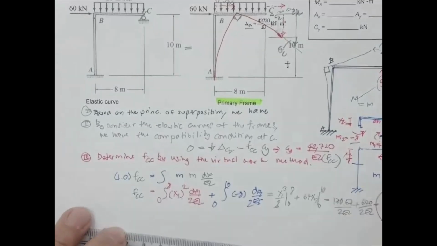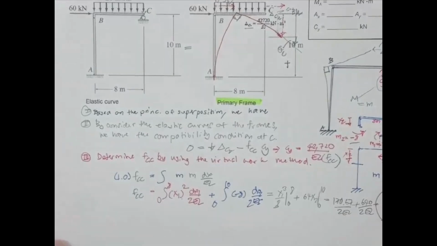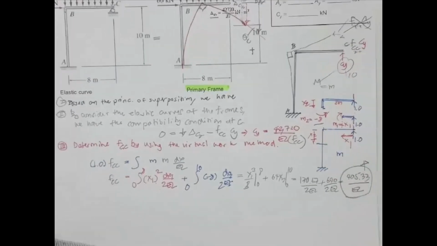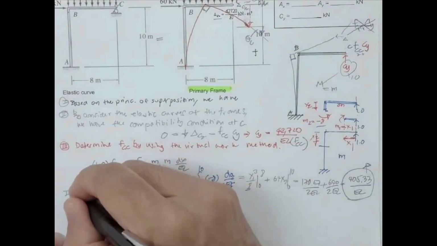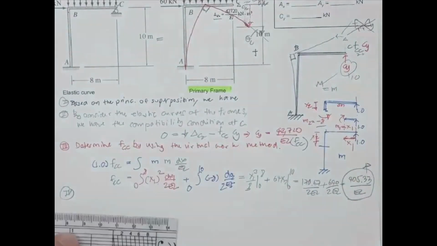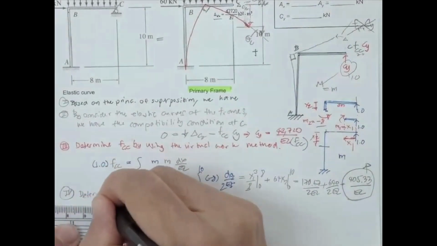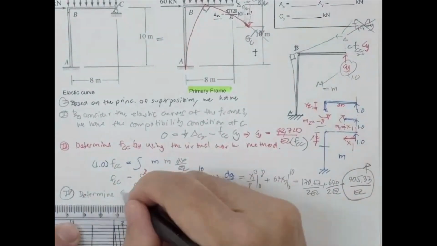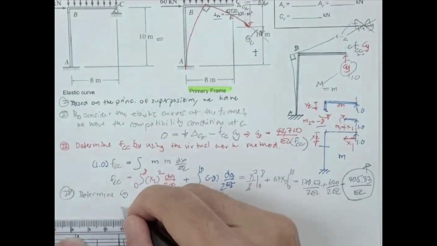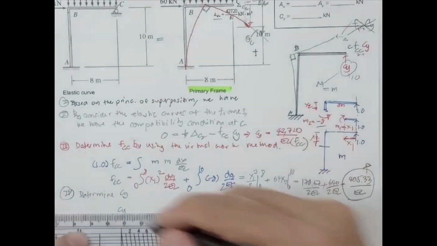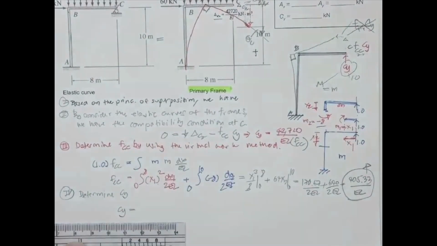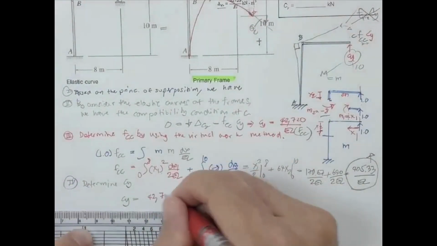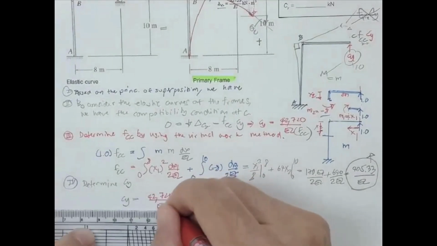And it's gonna be upward, like this one. And then the next step is to determine the redundant force C sub y. C sub y is gonna be equal to 42,700 over EI.